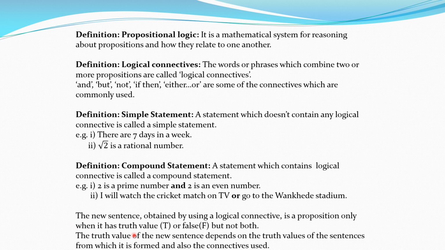Now the new sentence obtained by using a logical connective is a proposition only when it has truth value true T or false F but not both. So whenever we are using any logical connective, the new sentence that we get is a proposition only when it has a definite truth value, either true or false, but not both.